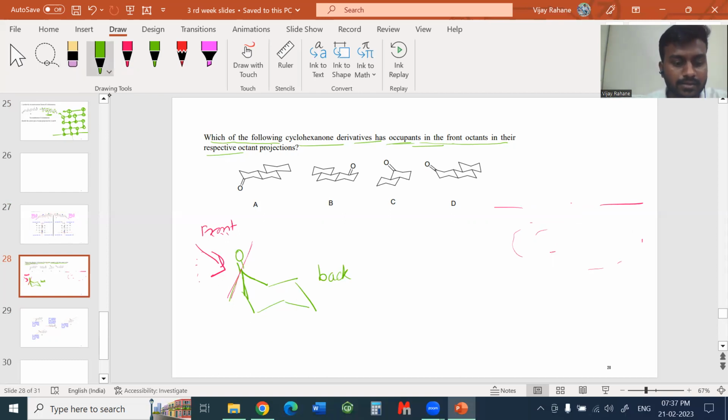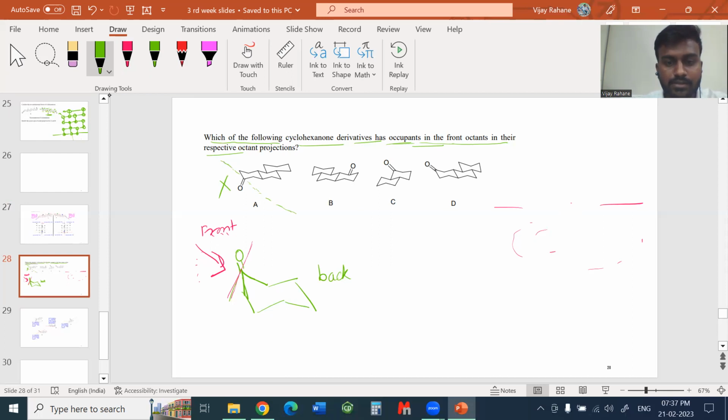As we can see where the molecule lies, if the plane passes through this one, is there any substituent on the front side? No, there is nothing on the front side, right? So this one is not an example of front octant, right?